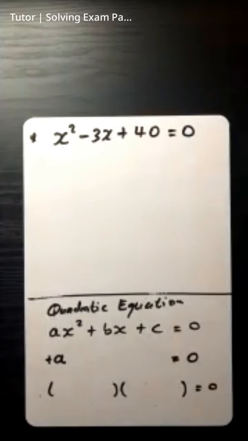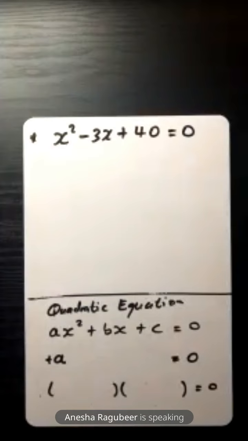Go for it, Shreyas. So this is a quadratic equation because of the x, because of the letter squared, minus your b value, plus your constant.